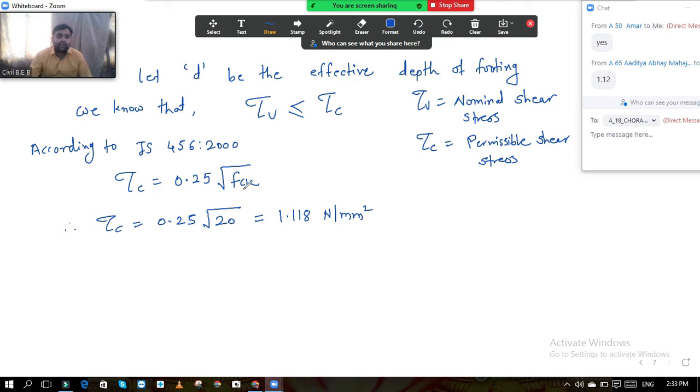M20 means 20 Newton per mm square. It is 1.118 Newton per mm square.